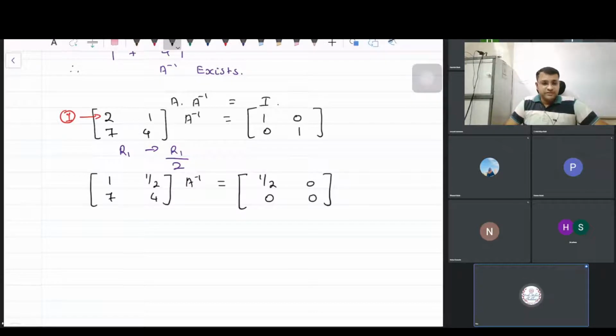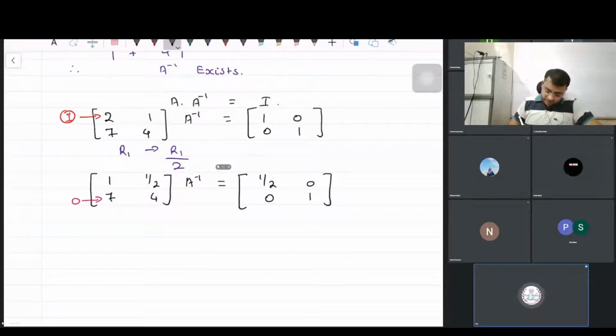Now can you please tell me what is the second thing that you have to do, guys? Very good. You have to actually make this element as 0, and in order to convert a number into 0, you have to subtract by the same number. So for that, the transformation that I have taught you.